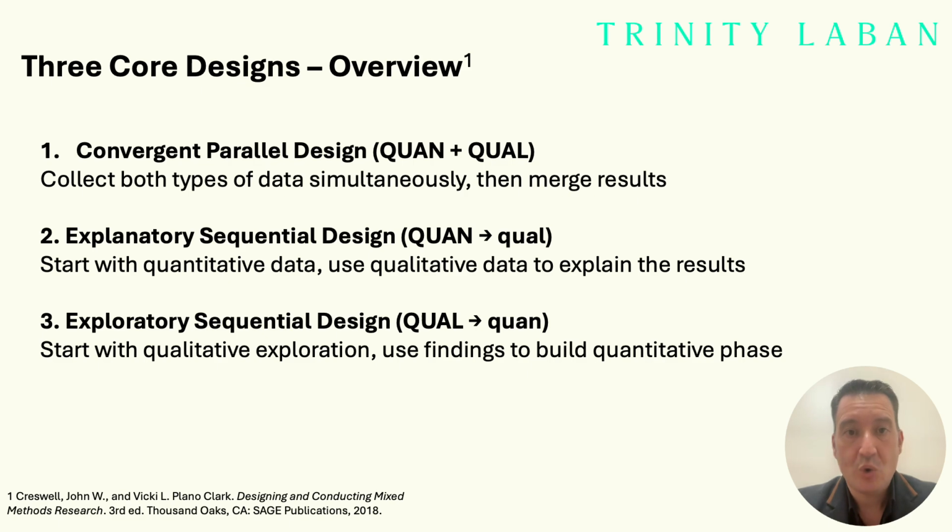That's going to be with your quantitative data first, leading into qualitative. You start with quantitative data to identify patterns or relationships, and then you're going to use your qualitative data to explain what you've found. Thirdly, we have the exploratory sequential design, and that's going to be qualitative data followed by quantitative data. So we're going to look at each one of these in a bit more detail. So let's start with the convergent parallel.